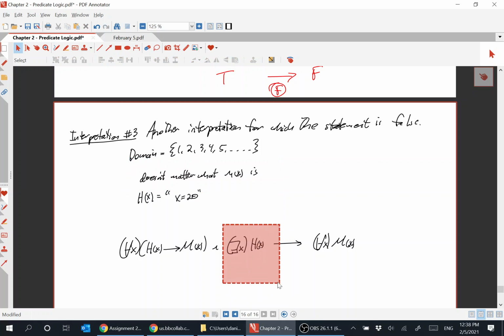Make h of x such that this is false. There exists something in the domain of positive integers that is h. Something that doesn't exist in here. H of x identifying something that doesn't exist in here.